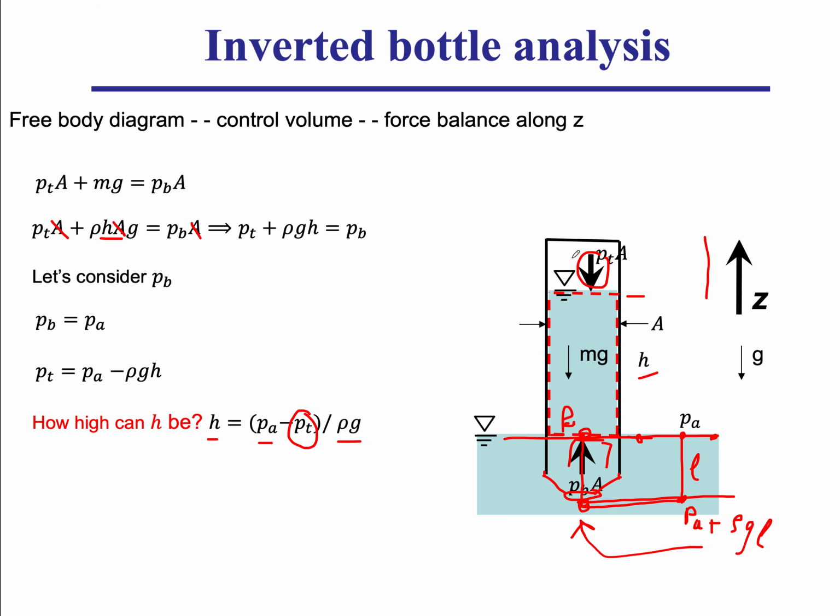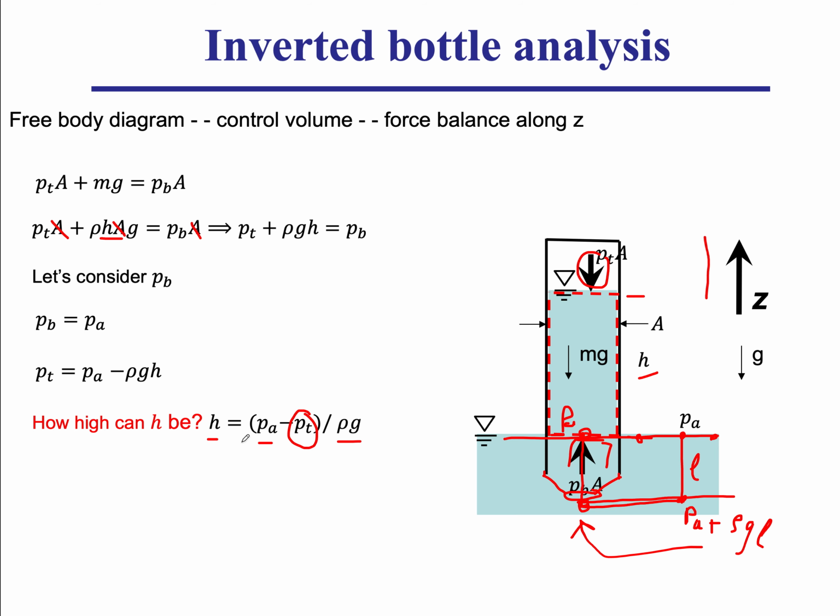Well, if I can get to absolute vacuum, by the ideal gas law, if my mass of gas is 0, I can get to 0. So the absolute minimum P top is going to be 0. So my height will be equal to P atmosphere divided by rho g.